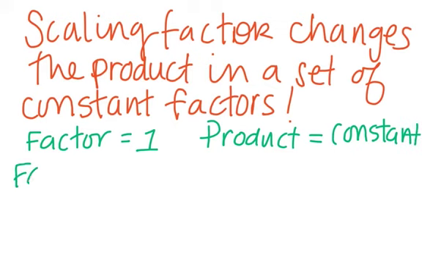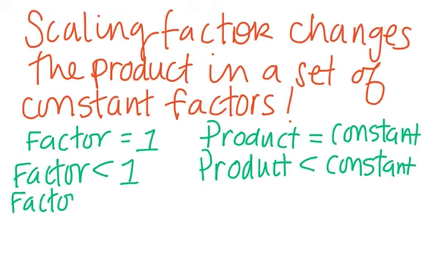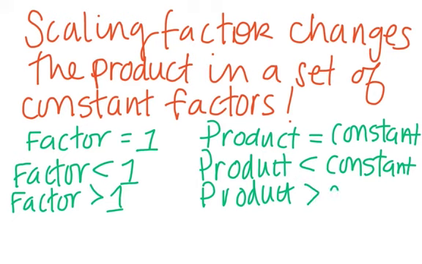If your factor is less than 1, your product will be less than the constant. And if your factor is greater than 1, your product will be greater than the constant.